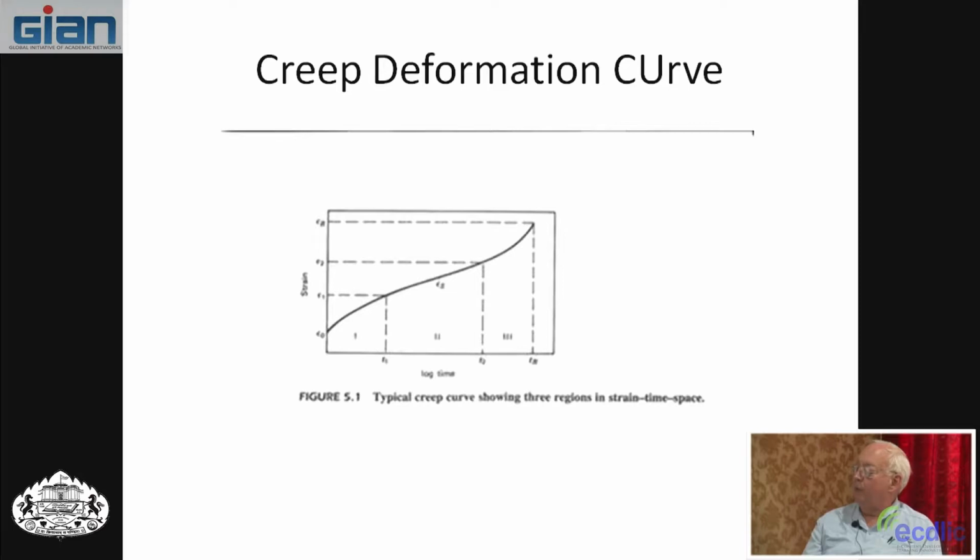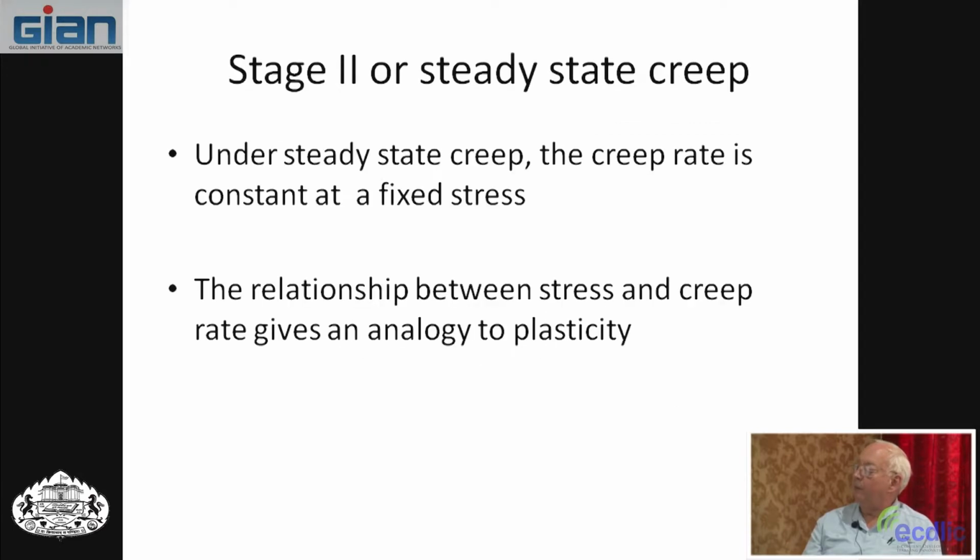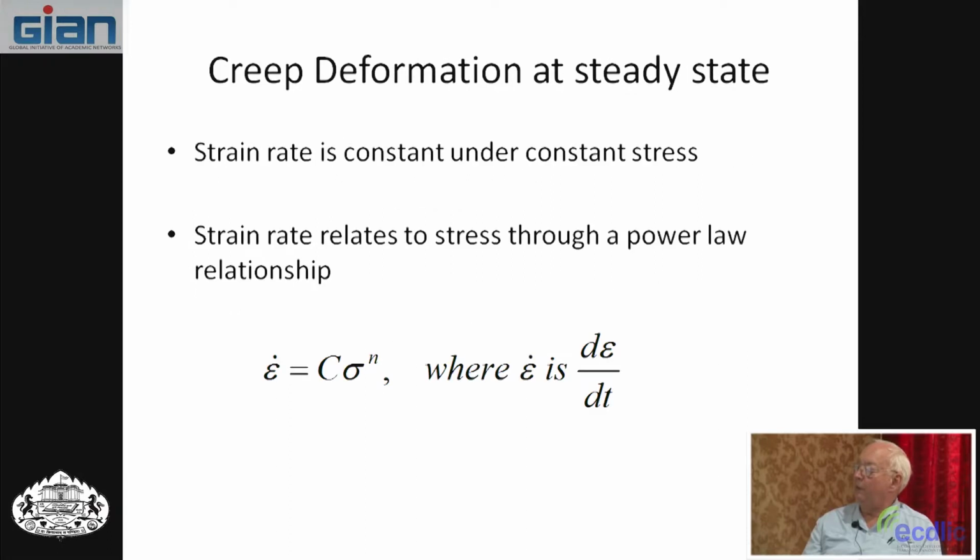Constant rate is where people do most of the analysis. They call that the steady state region. The creep rate is constant at a fixed stress, and the relation between creep stress and creep rate is an analogy to plasticity.